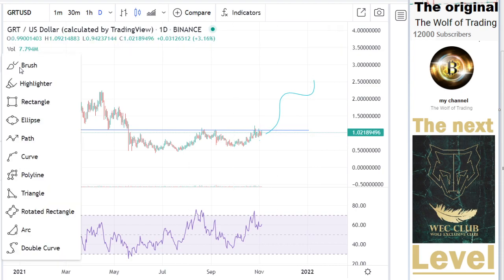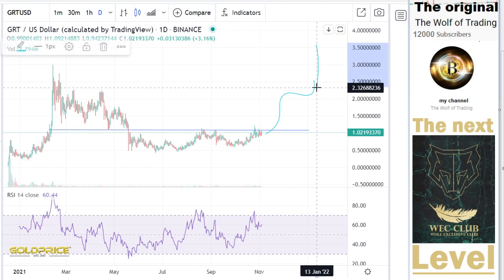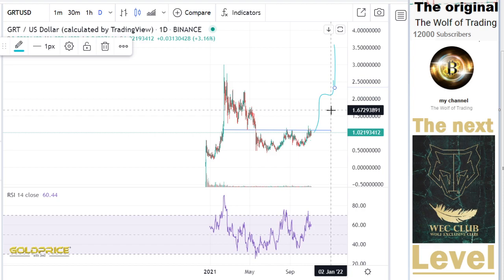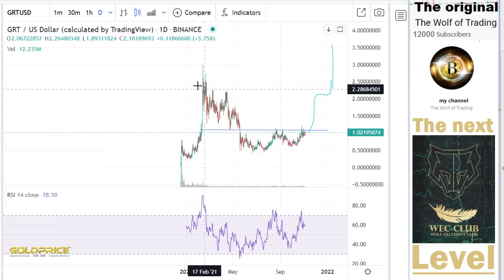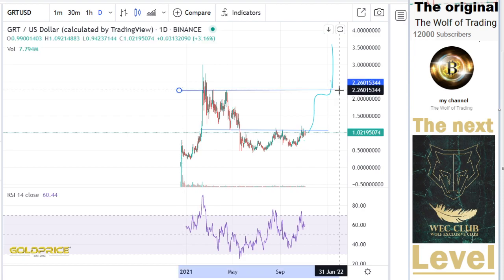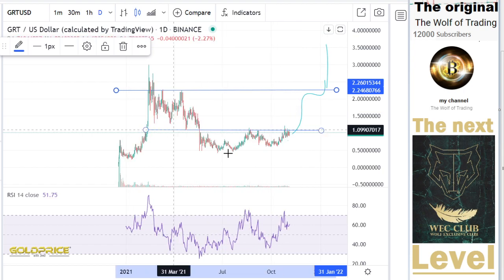If we break out here, then we will see $3.50, because we have here a left shoulder, head and right shoulder formation. Even if we don't go so far, I think this area is possible, $2.20, due to this formation.